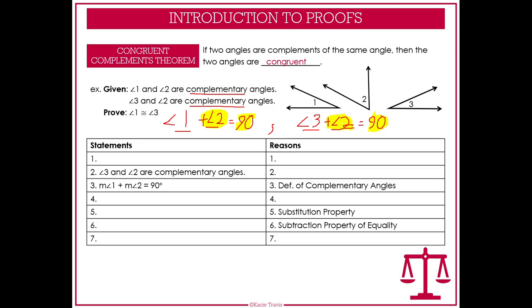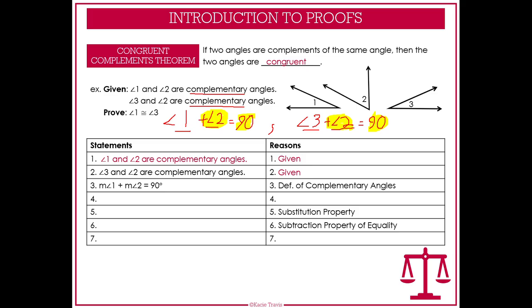All right, starting off with our proof, we always want to list out our given information. We have two bits of givens: angle 1 and 2 are complementary, and angle 3 and 2 are complementary. We start with those so we can set up some more math. On line 3, they did exactly what we did before we started our proof.